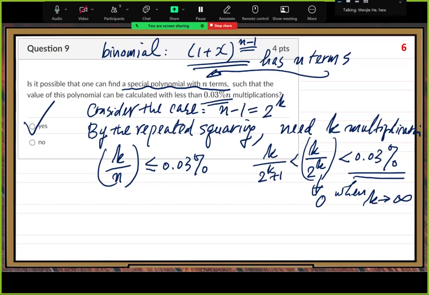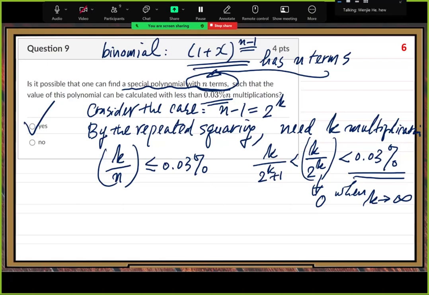Some didn't pay attention to the condition of n terms. They just treat one term, then you can do it by repeated squaring, and you see it's correct. So you pick the correct answer, but you have some problems in your logical thinking. That also happens.